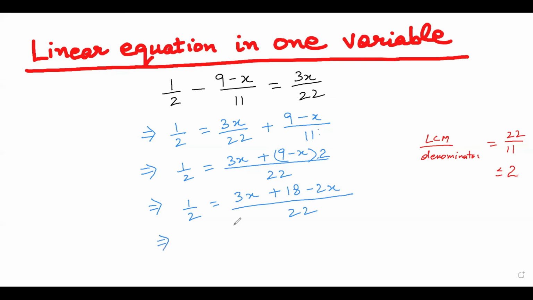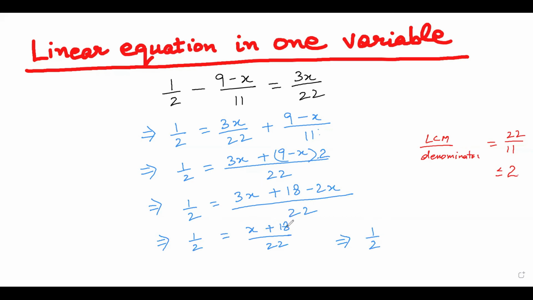We can see that 3x and minus 2x are like terms, so we can subtract them. 3x minus 2x is x, plus 18 comes as it is, over 22. Now the next step: the 22 is in division, so it goes to the other side and gets multiplied. We have to isolate the x step by step.